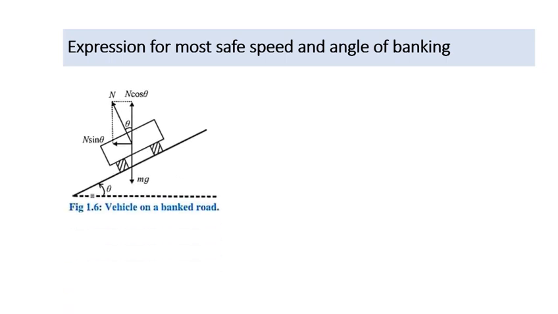Now, the expression for most safe speed and angle of banking. Obviously when a road is banked, this is the diagram. The dotted line shows the horizontal surface. Theta is the angle between the road and the horizontal surface.